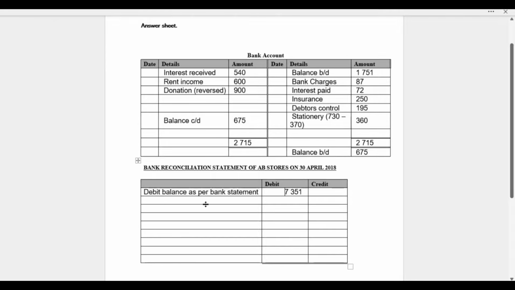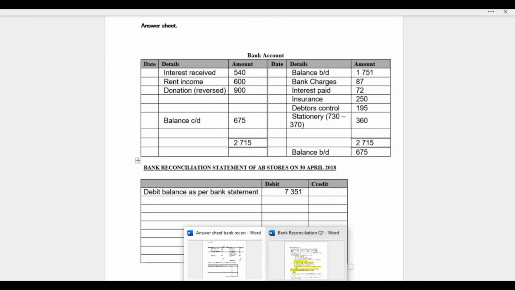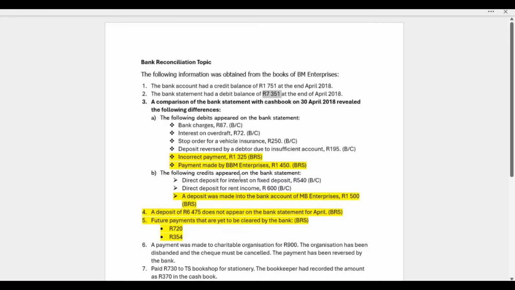Okay. Now remember these accounts that we have identified which we have to deal with in the bank reconciliation statement. We've got an incorrect payment. It means the bank made an incorrect payment that we're not supposed to pay, so we have to reverse this payment.